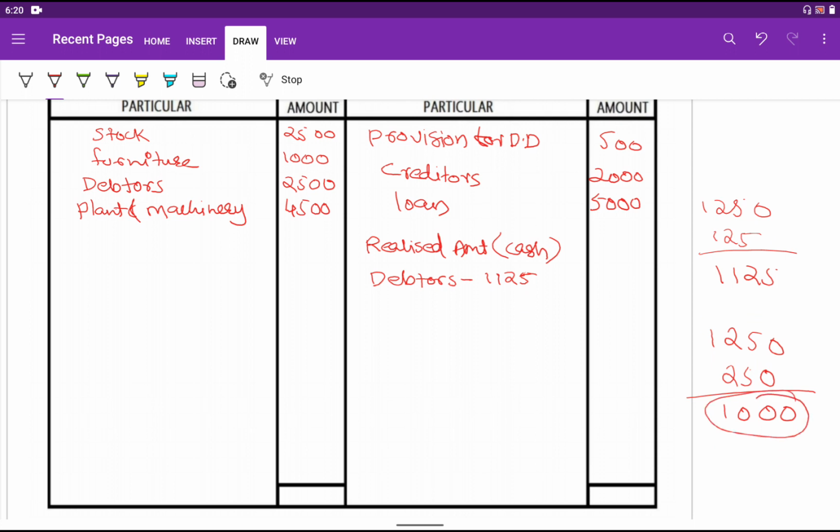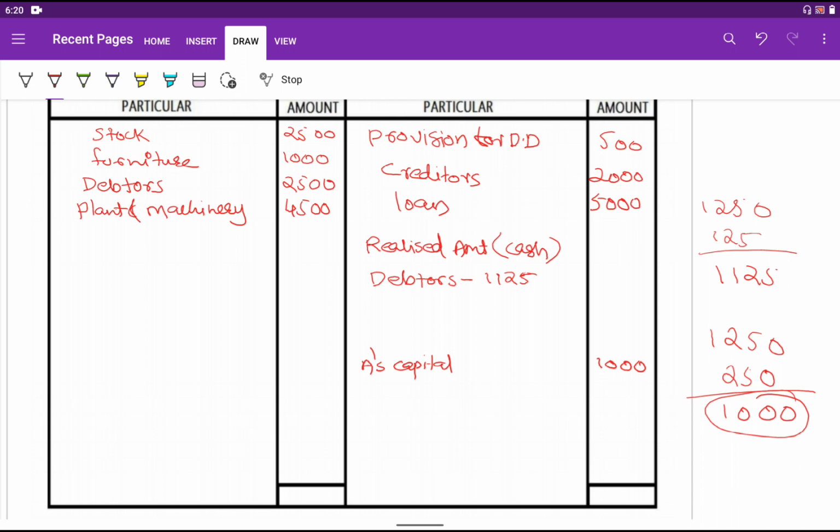So what do we have to do? Normally we write it under the realized amount, right? Instead of that, just change the name if any partner is taking an asset. That means since half of the debtors were taken by A, you just write A's capital account, and it will be credited to A's capital account. A's capital account 1000, taking half of the debtors for 1000 rupees, that means 20% less.